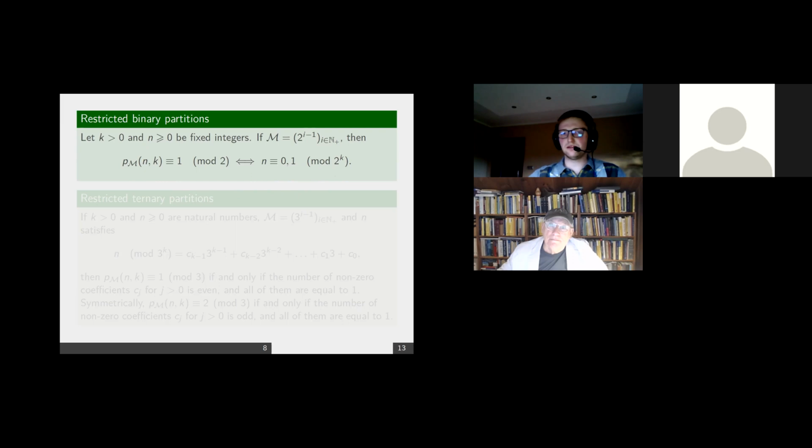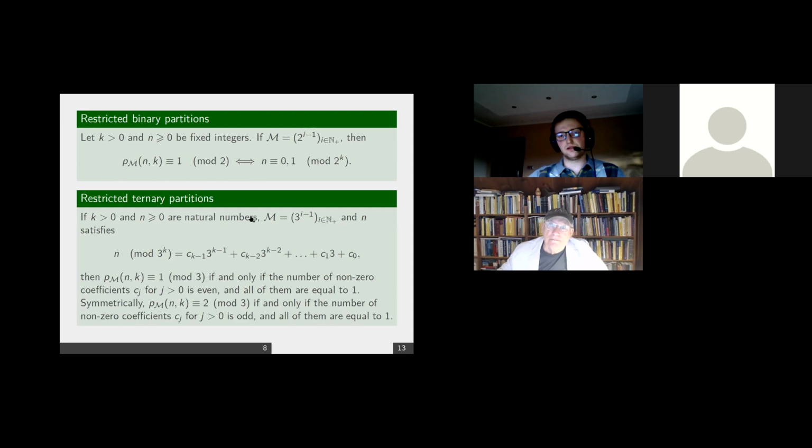Therefore, we cannot simply replace the classical partition function by the restricted partition function in the conjecture. We need to add some additional assumption. We will talk about it a bit later, but let us also consider the case in which curly M is the sequence of consecutive powers of 3.